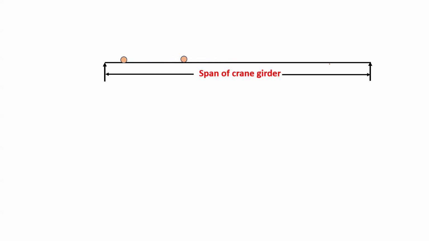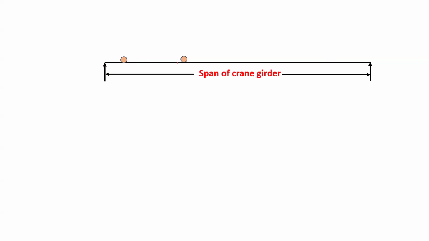Try to understand. These wheels are the wheels of the crab, which will move on the crane girder, and the wheels which are of the crane girder. So this reaction which I am showing you here is nothing but the loads on the wheels of the crane girder.